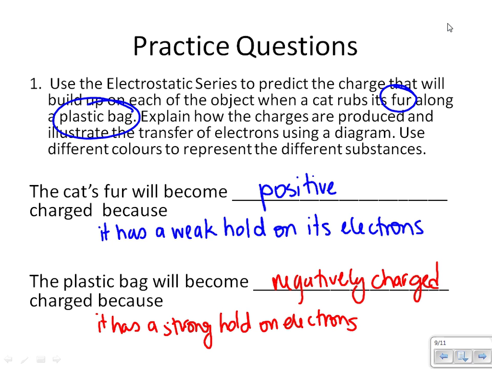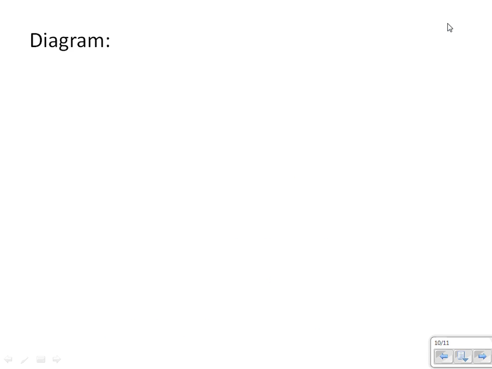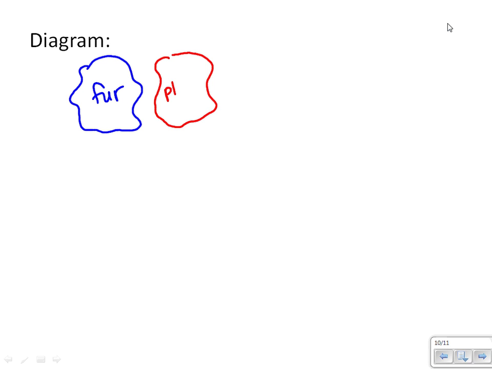And then we're going to draw a diagram of this. So let's draw a diagram. I'm going to draw the cat's fur because I wrote it on the last slide in blue. Say this is the cat's fur, and this is the plastic. I'm going to color code it so that you guys can see the difference, okay?